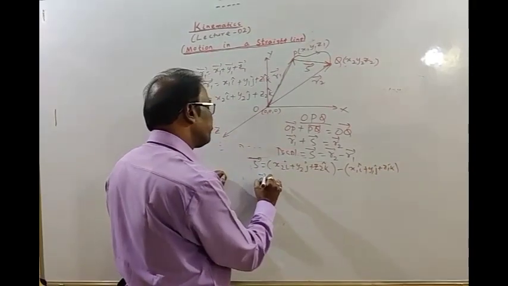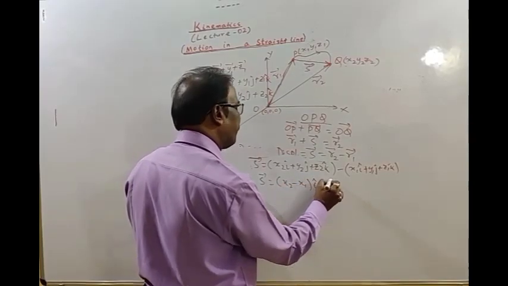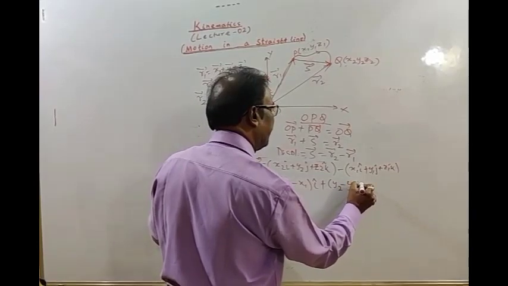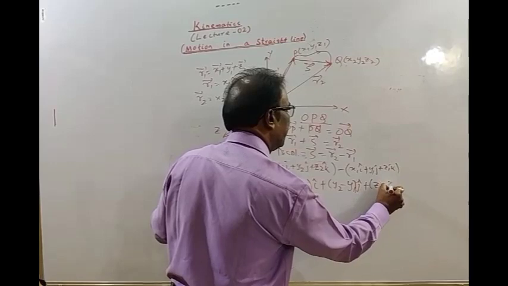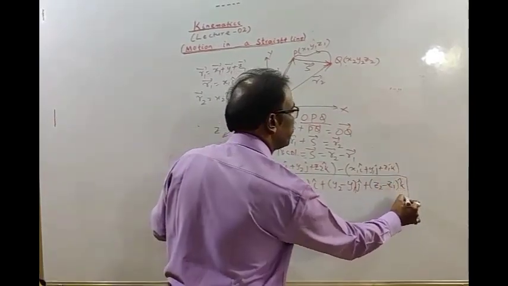So the final expression is (x2 minus x1) i cap plus (y2 minus y1) j cap plus (z2 minus z1) k cap. Okay, this is the expression of the displacement vector.